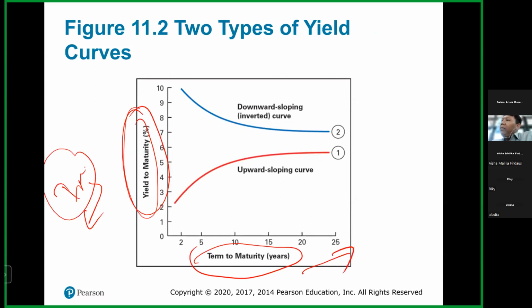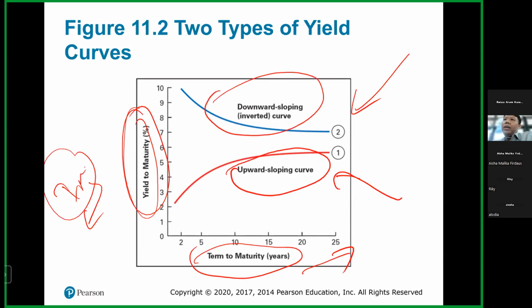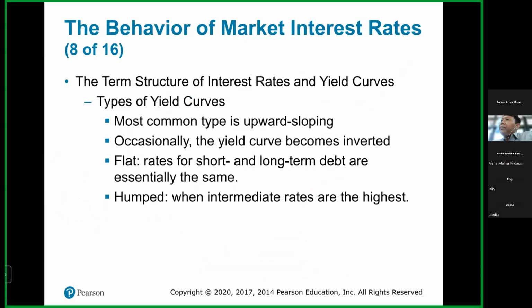Here we have two kinds of graphs: one is upward sloping and the other is downward sloping. Later on, we will learn when the yield curve will have an upward sloping trend and when it will have a downward sloping trend. We will learn about this in the next slides.